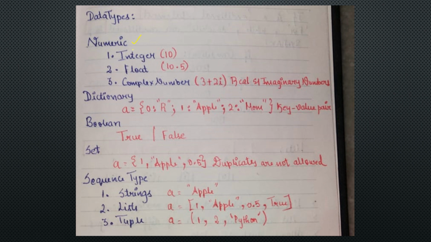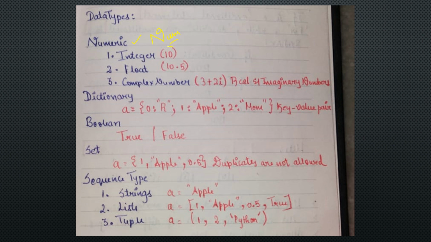So what do you mean by numeric? Numeric generally means numbers. All the numbers are called numerics. The first data type under numeric would be the integer data type.